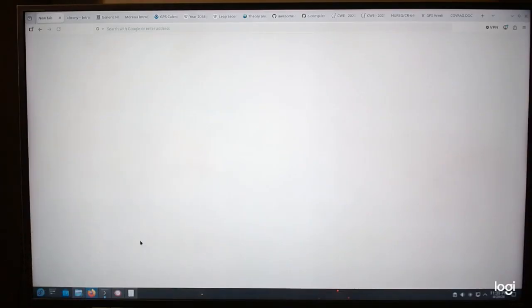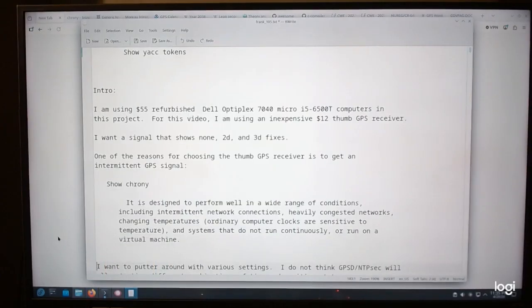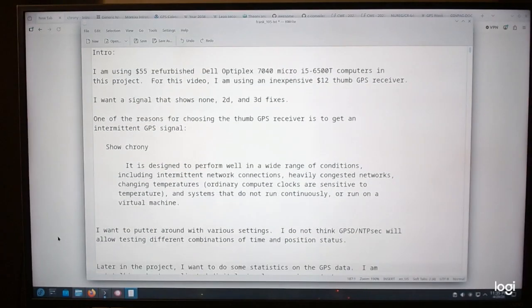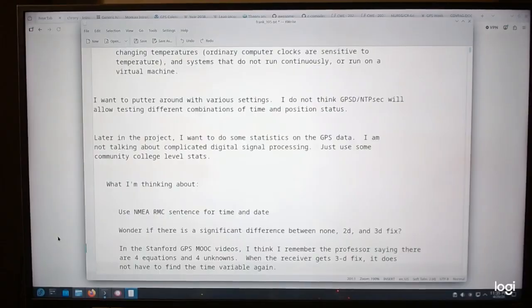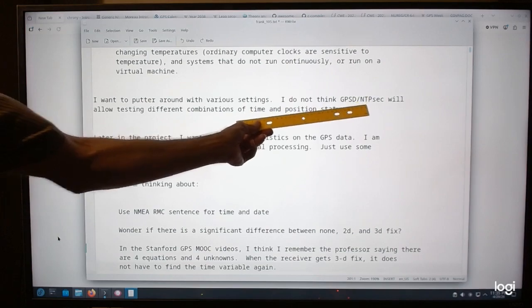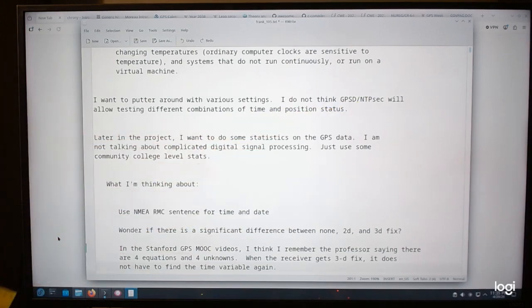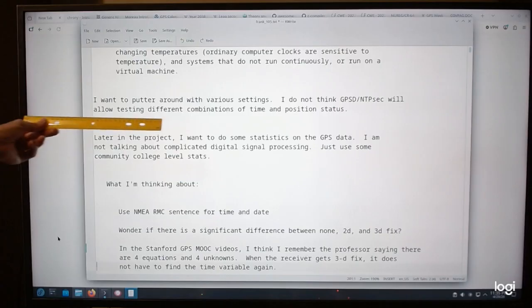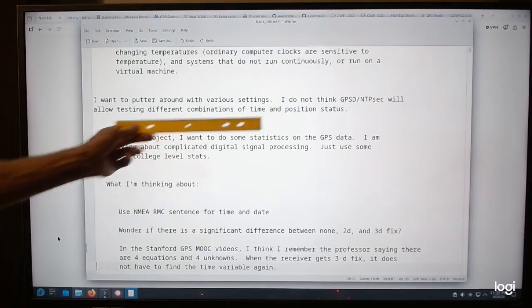I want to get an intermittent signal. Let me show you where I'm at here. I just want to play around with those various settings, because when I look at GPSD and ntpsec, I don't think they allow testing of different combinations of time and position status.